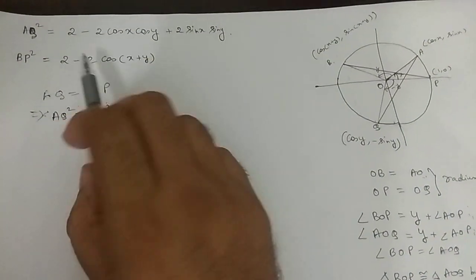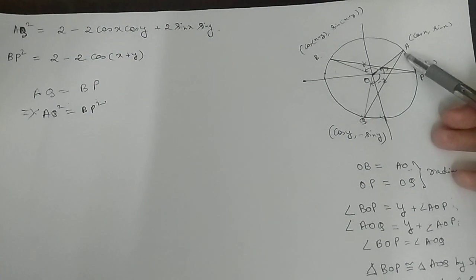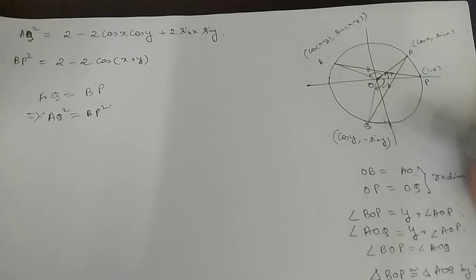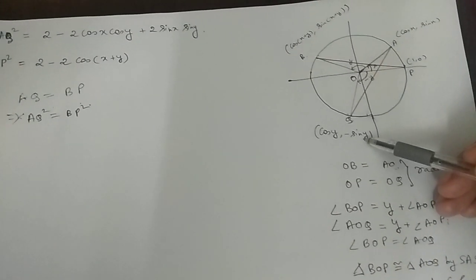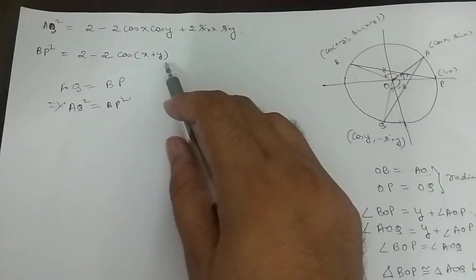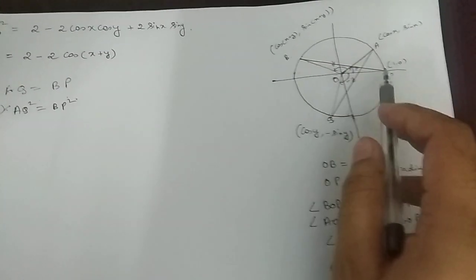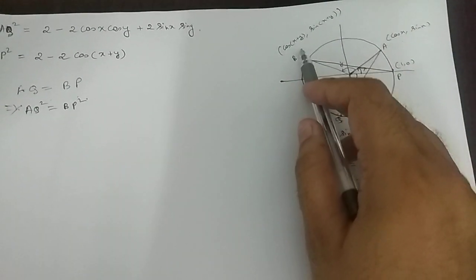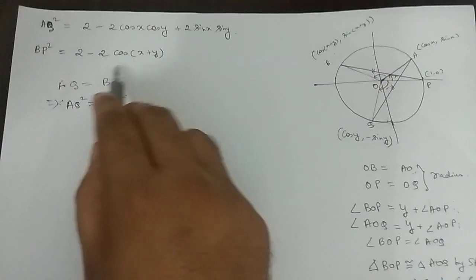If you remember, we got this AQ square by applying the distance formula from these two given coordinates, cos x minus cos y whole square and sin x plus sin y whole square, and after expanding we have got this value. And BP square we have calculated by applying the distance formula to points B and P, that is 1 minus cos of x plus y whole square and 0 minus sin of x plus y whole square, and previously we have derived this result.